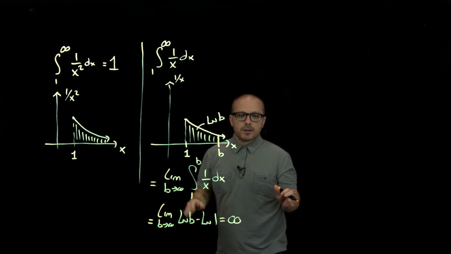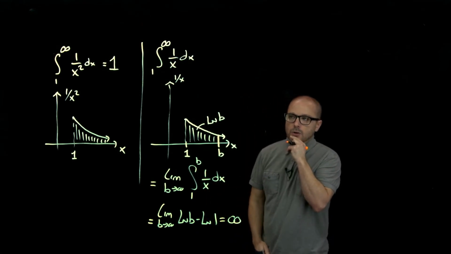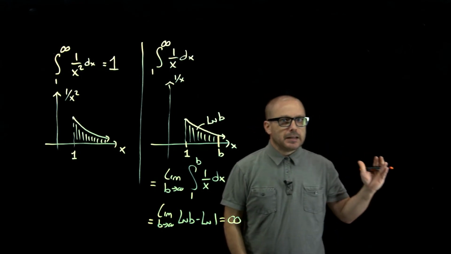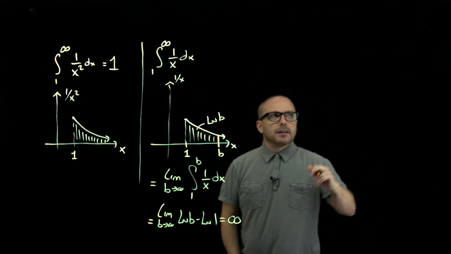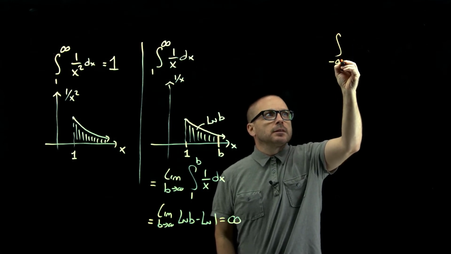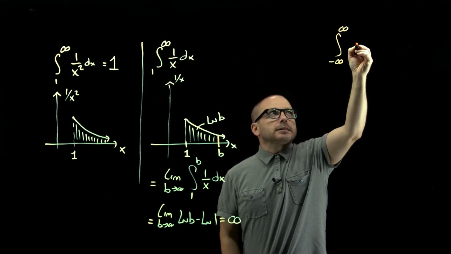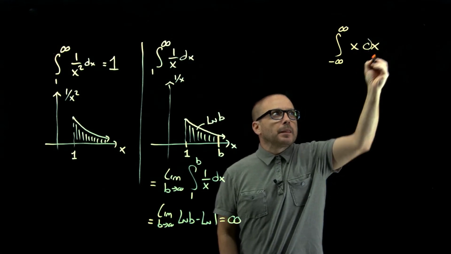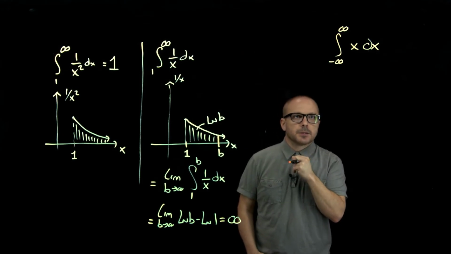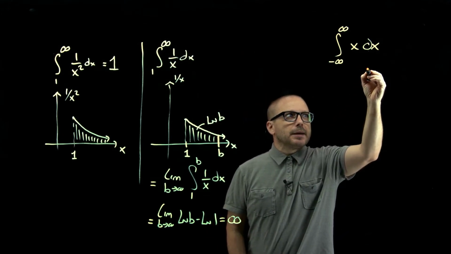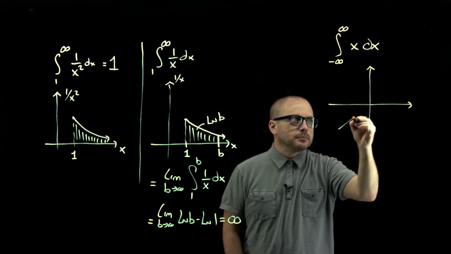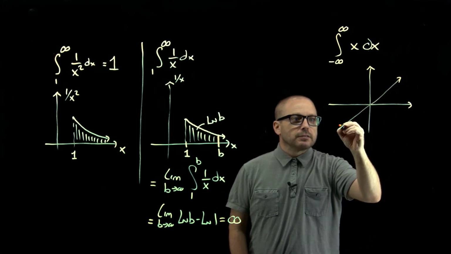Now the other thing I wanted to look at with divergent integrals was we looked at that interval from negative infinity to infinity. And I just want to look at something to make sure we understand the definitions. Let's look at this example, the integral from negative infinity to infinity of x dx. Now, a common misconception might be to say, well, if I look at that graphically, here's my function, right?